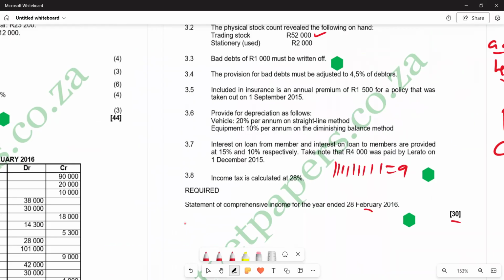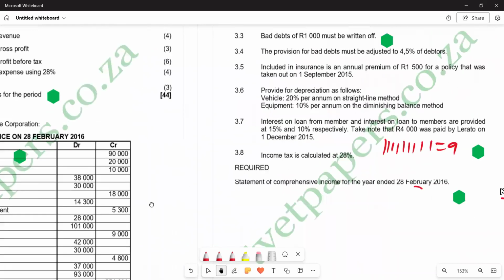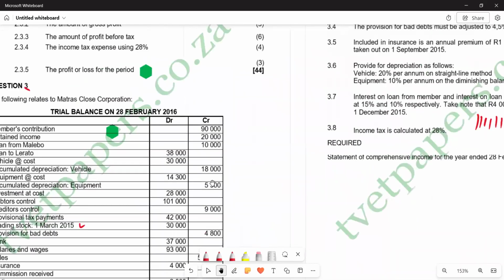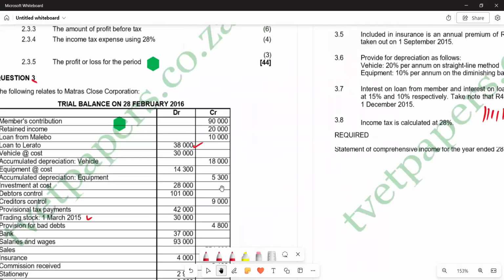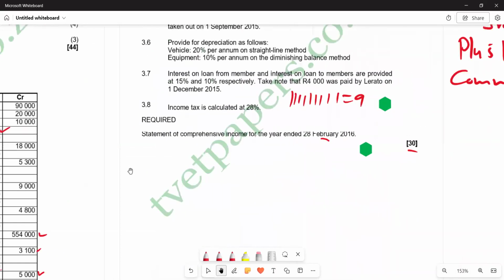So we're just going to check the loan to member, to Lerato. If you come here, you see that the loan to Lerato is 38,000. So we are now going to calculate before the payment was made. We had 38,000, and the rate is 10%. So 10% as a decimal is 0.10, and then we multiply by 38,000.